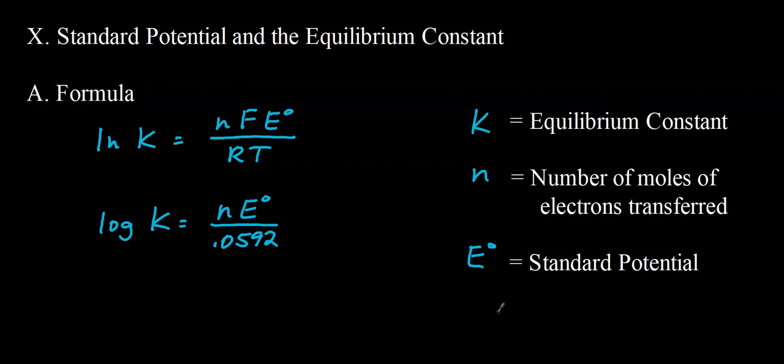So again, this time something to look at is this relationship. If E naught is positive, what does that mean about the reaction? Well, the reaction is spontaneous in the forward direction where the products are favored. And so because of that, K should be greater than 1. And the opposite is also true.